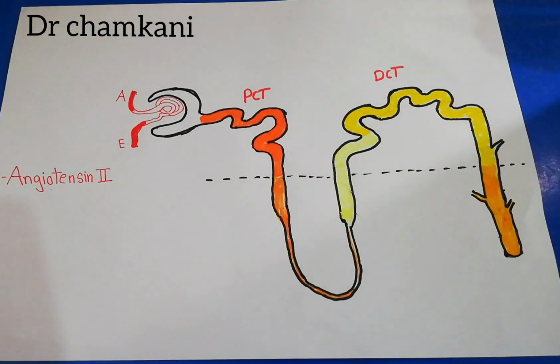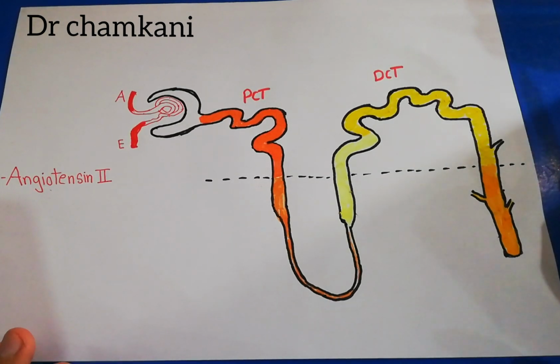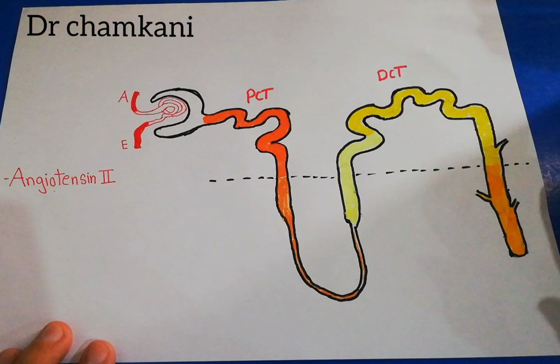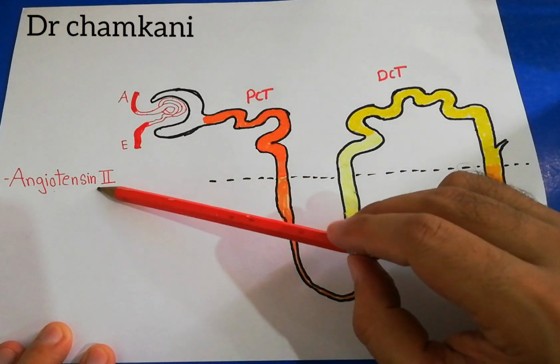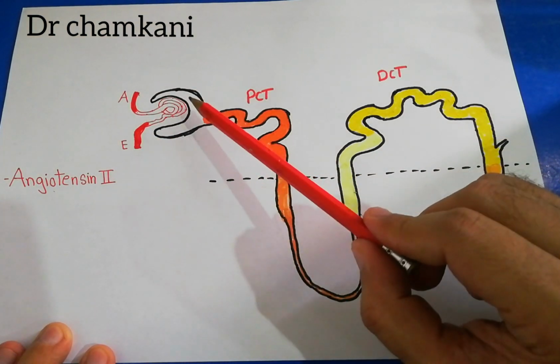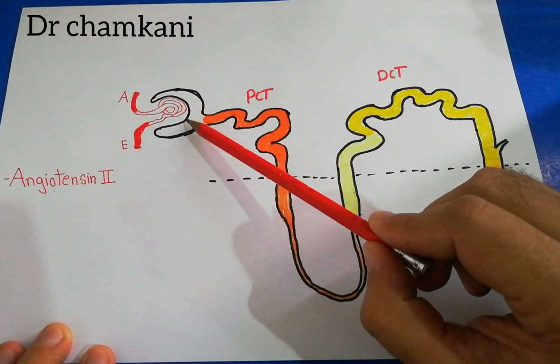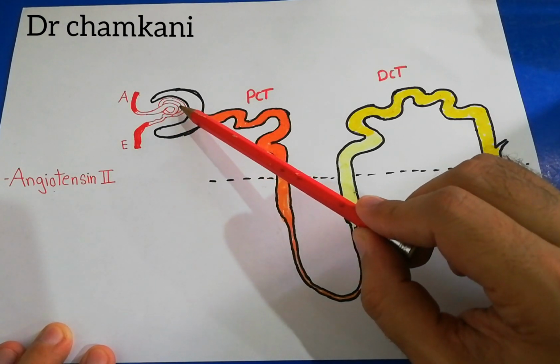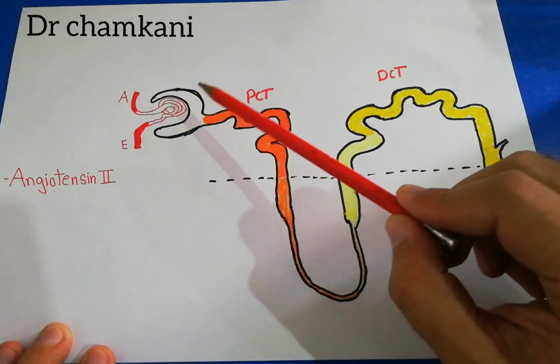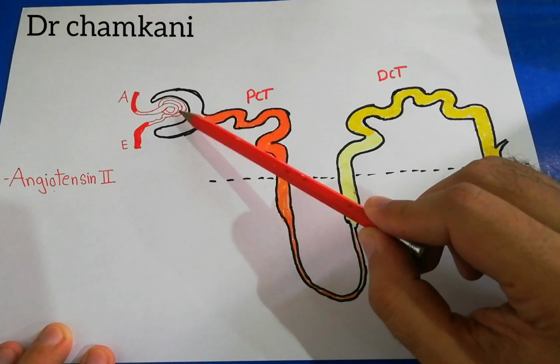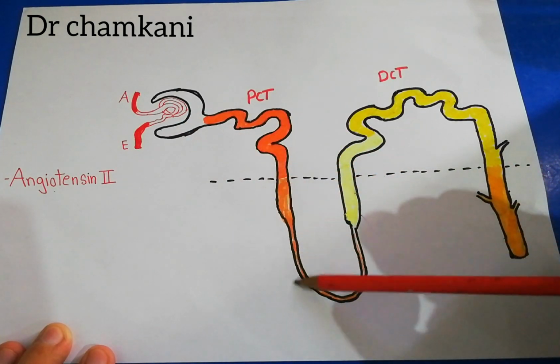But this process is dependent on a lot of factors, including the increase or decrease in fluid volumes, or increase and decrease in the blood pressure. So when angiotensin 2 constricts this area, the filtration fraction increases. When the filtration fraction increases, the concentration of protein, the colloid osmotic pressure, in the peritubular capillaries increases.